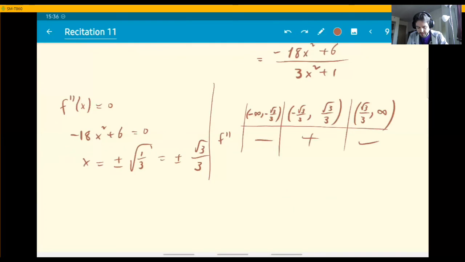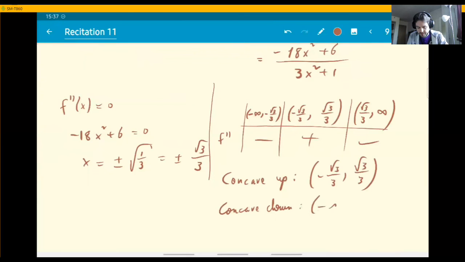We did this because we wanted the intervals of concavity. The answer is right here. Concave up in the interval in the middle, concave down in the others. This union with this.